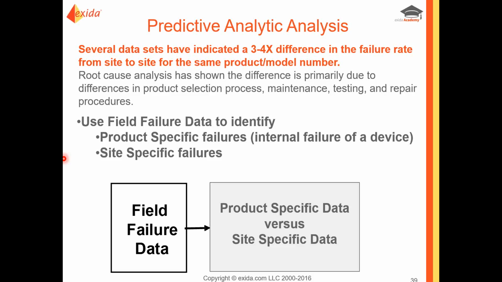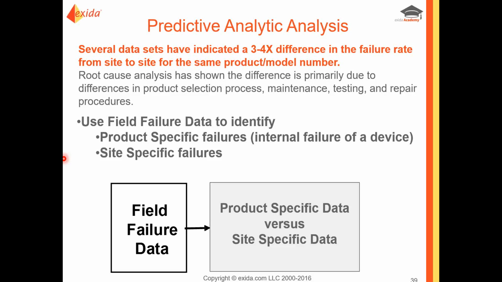In one particular study, it was one company, and the processes were the same process in two different sites, and there was a 4x difference in the failure rate. Well, in that case, root cause analysis showed the difference is primarily to do with differences in how engineers picked the equipment, how they did their maintenance, how they did their testing, and how they did their repairs.